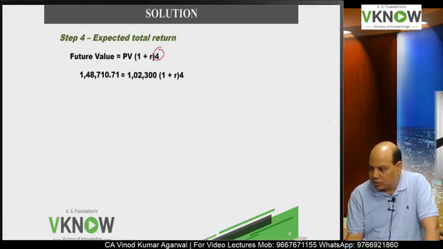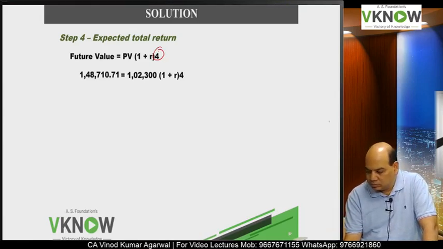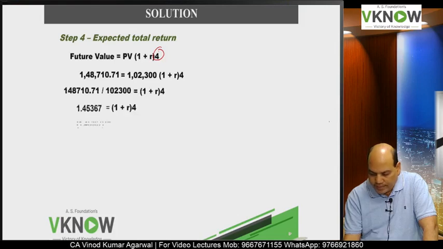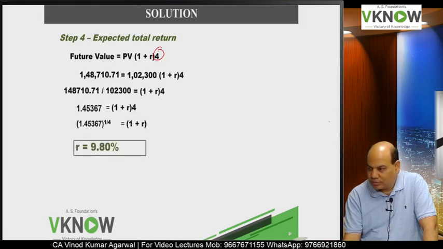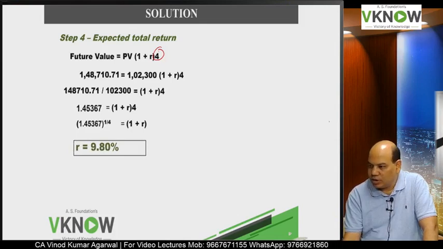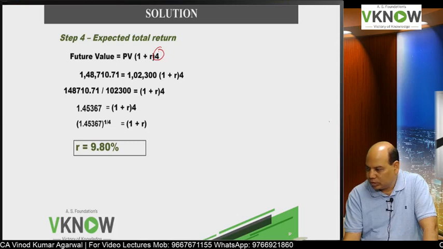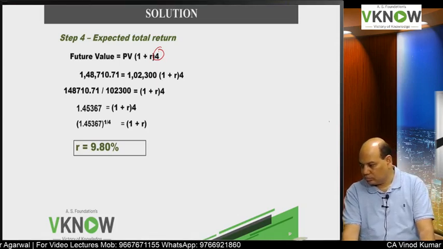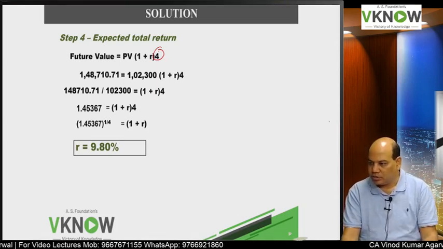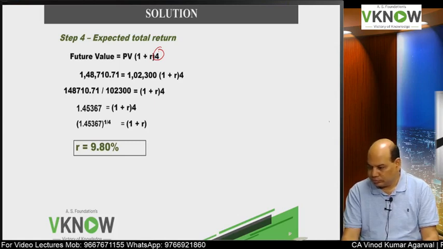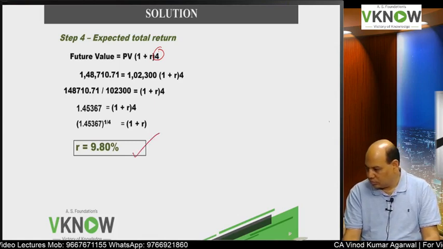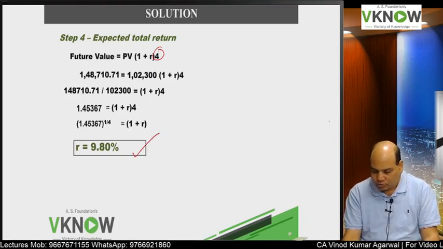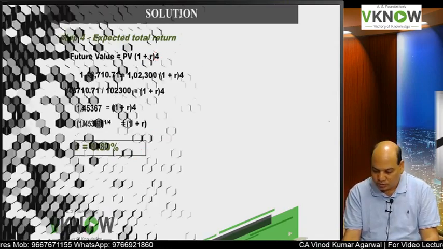One student is saying 9.8%. Let me check. Yes, you are right, 9.8%. Many students have got it. So this is the answer of realized yield to maturity.